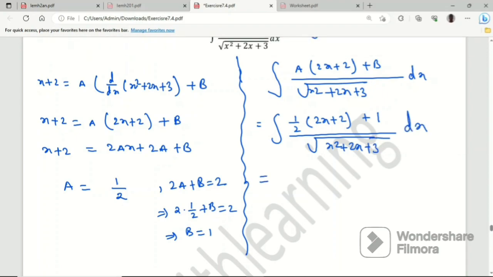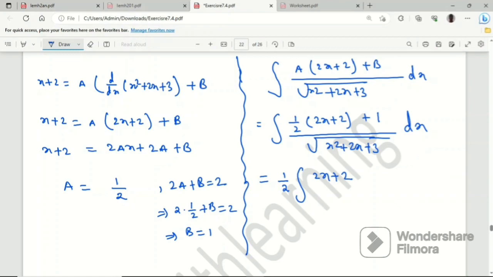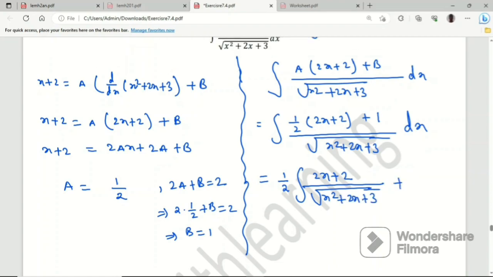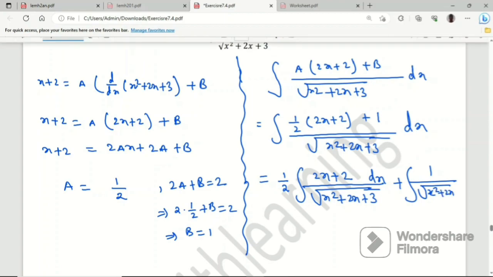Now I'll separate this into two integrations. I'll send 1 by 2 outside, it is 2x plus 2. See here, we have got ultimately 2x plus 2 in the numerator, and we know that this is the differentiation of the denominator. That is why we are using integration to solve the px plus q form, just to get it in the form of the substitution method. Under root x square plus 2x plus 3 dx, okay, and the integration of 1 upon under root x square plus 2x plus 3.